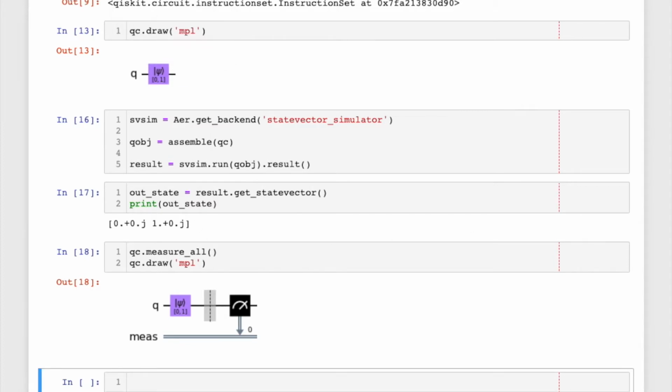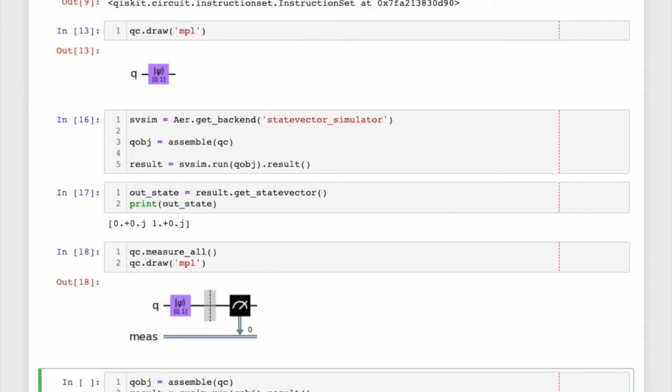We can also describe our probability states. For QC, we call the result, same thing, and then we call counts, so that it describes each state independently.